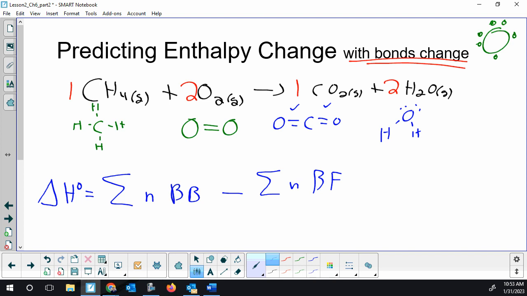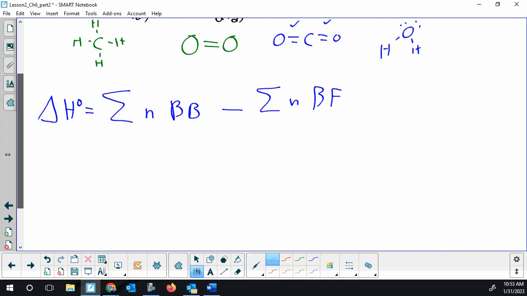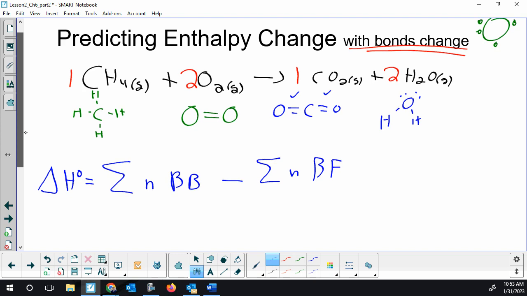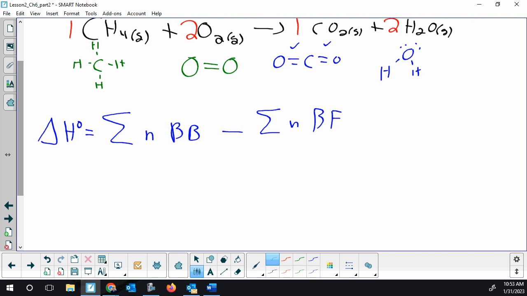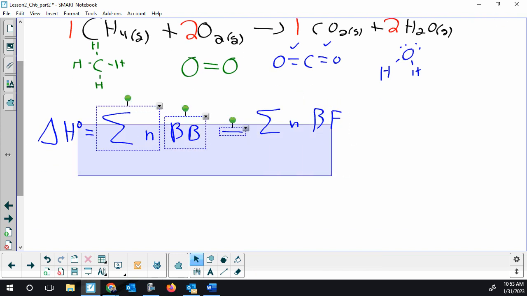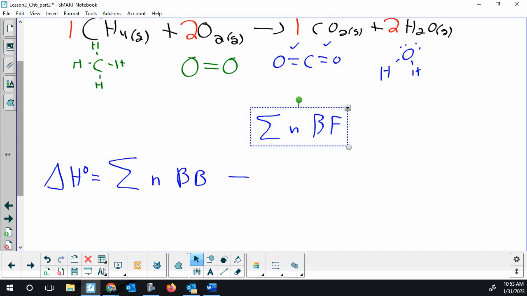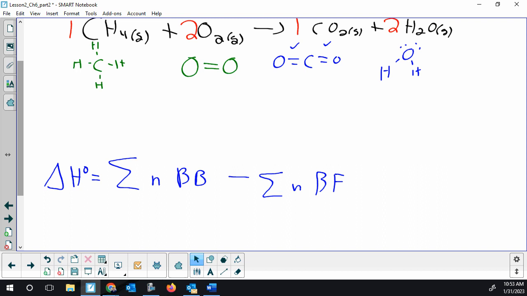So we've got to sum a fair number of pieces up. Just going to summarize all those bonds, and then we'll do the math and be done.